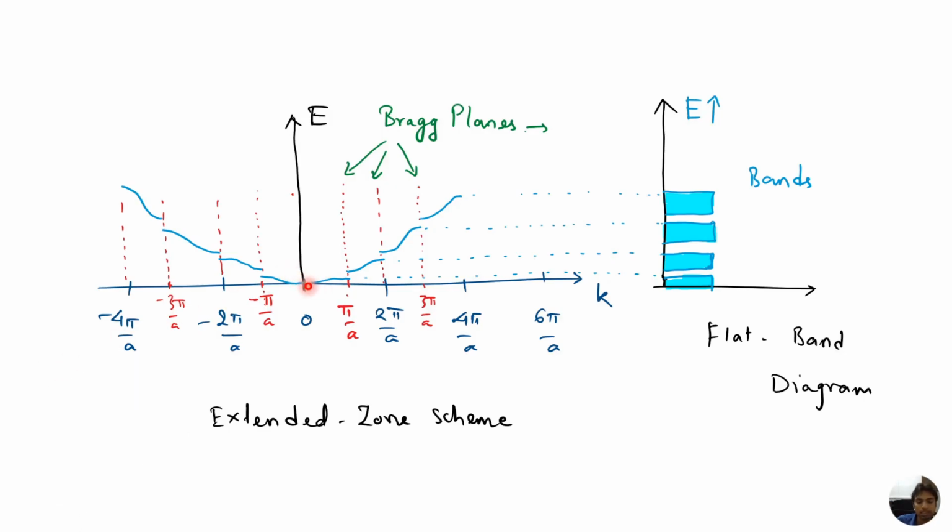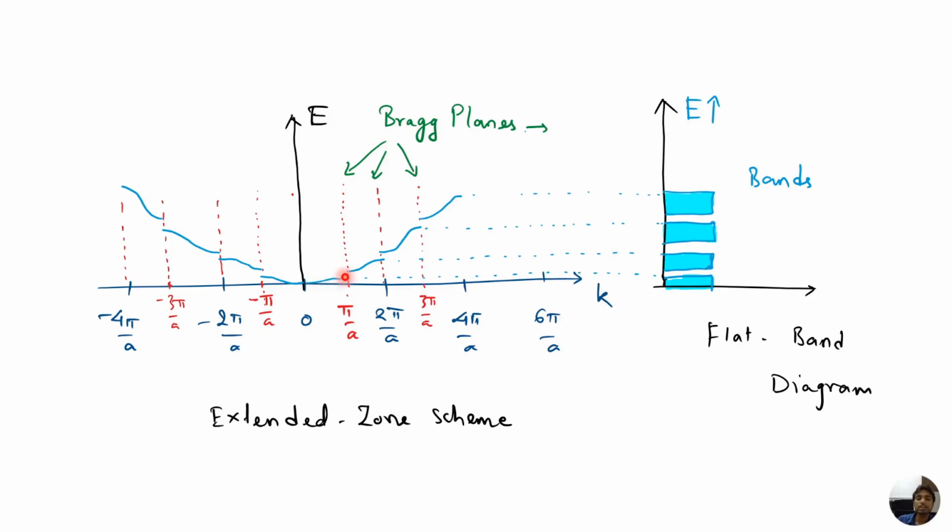Now you are able to see why we talked about the Wigner-Seitz cell. Because the boundaries of the Wigner-Seitz cell are the Bragg planes, and at that Bragg plane E equal to ħ²k²/2m doesn't hold.